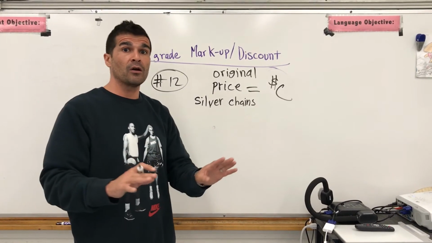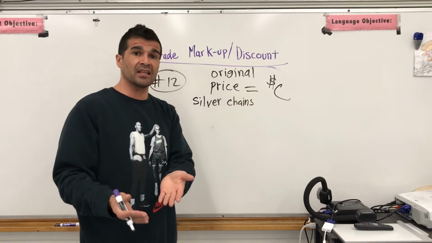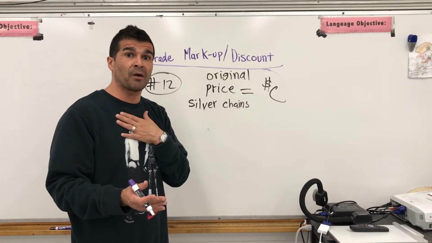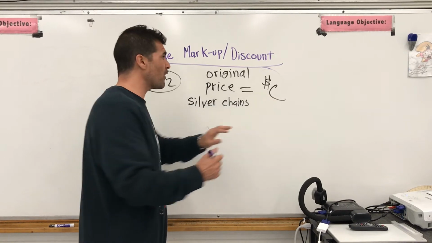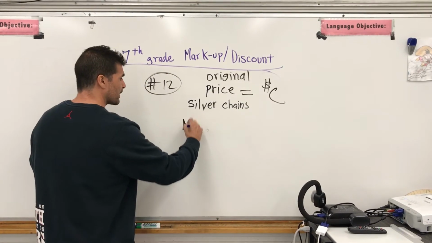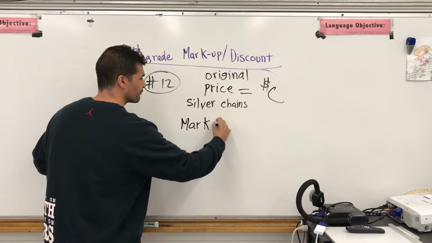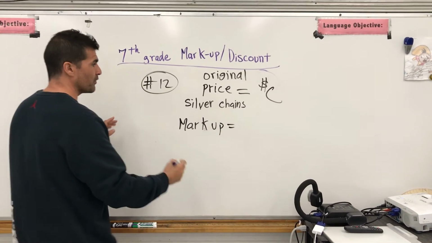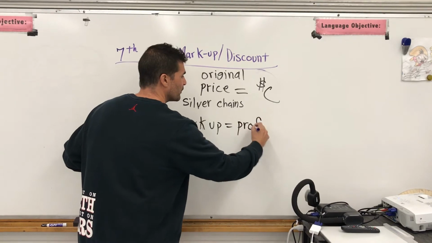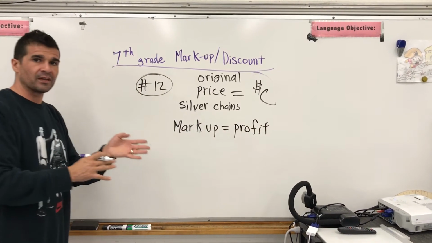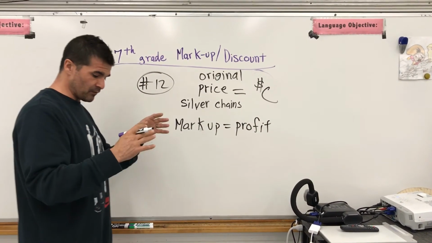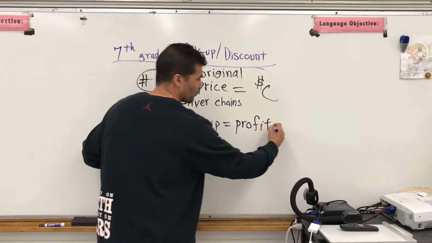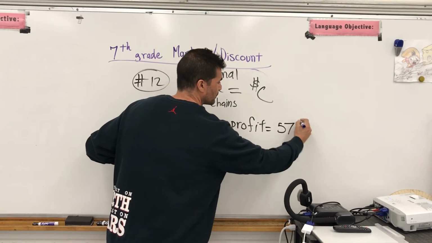You do not want to buy something and then sell it to someone else for the same amount that you bought it for. You want to make a profit. So you're going to mark it up, and this markup, this profit, is going to be a total of 57%. So we're going to write that this is 57%.